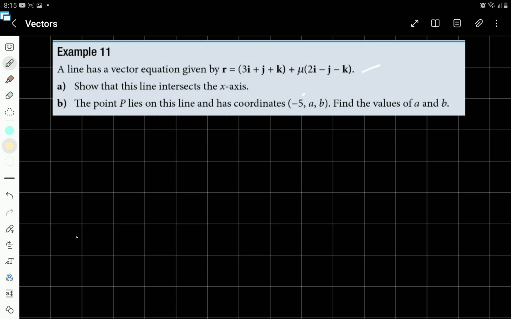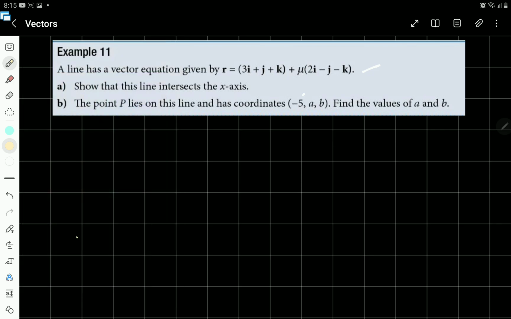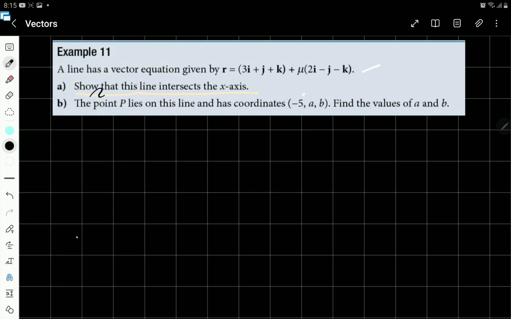So what do you mean by that? How are you going to show that it intersects with the x-axis? You need to analyze that. If it intersects with the x-axis, it means that there is no y and there is no z.